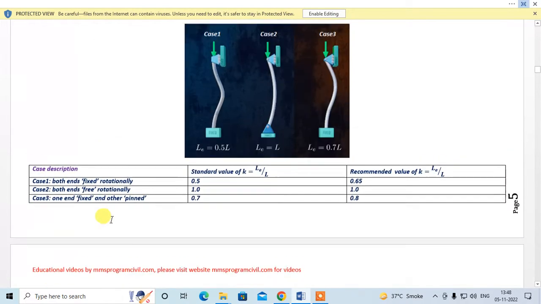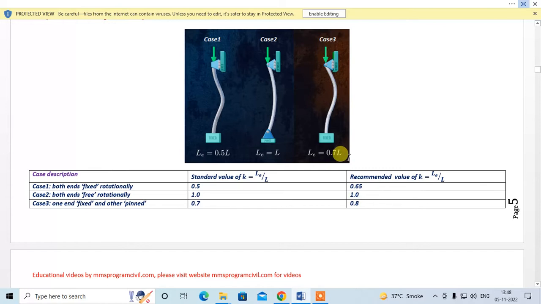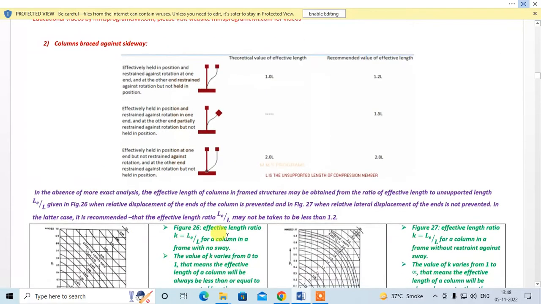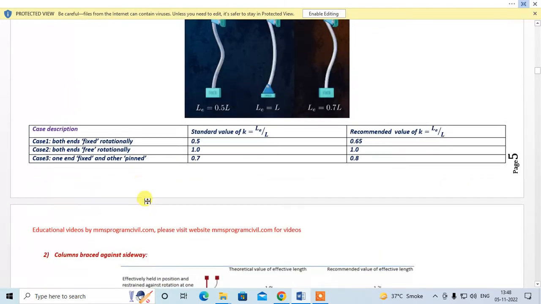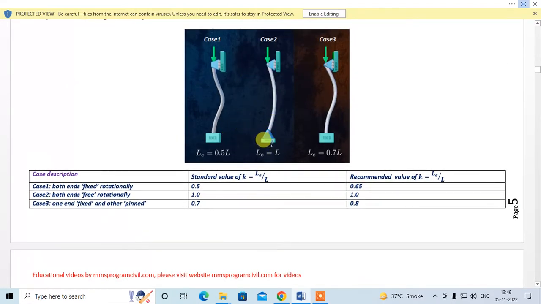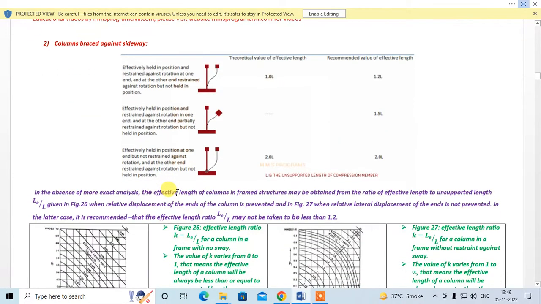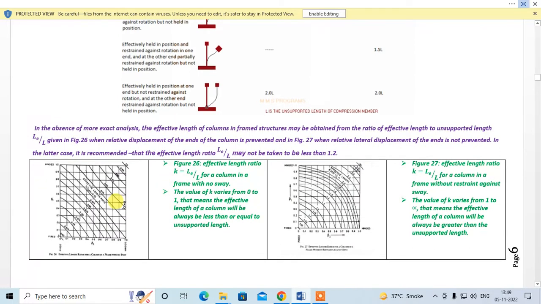When it is hinged and hinged, the value is 1. So these standard cases have already been taken in this graph, right?